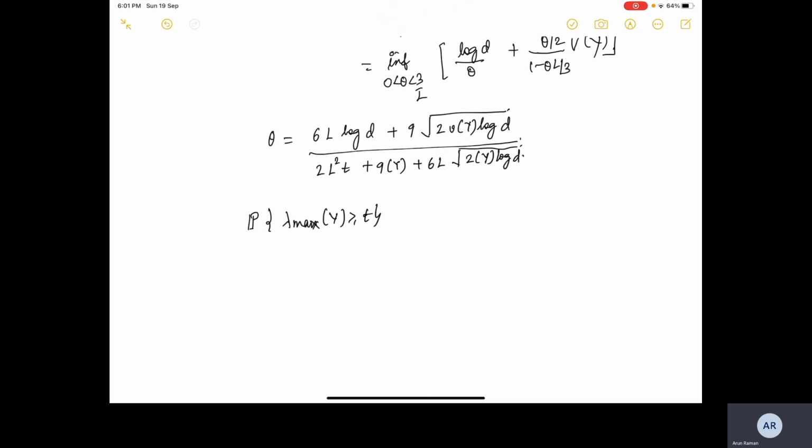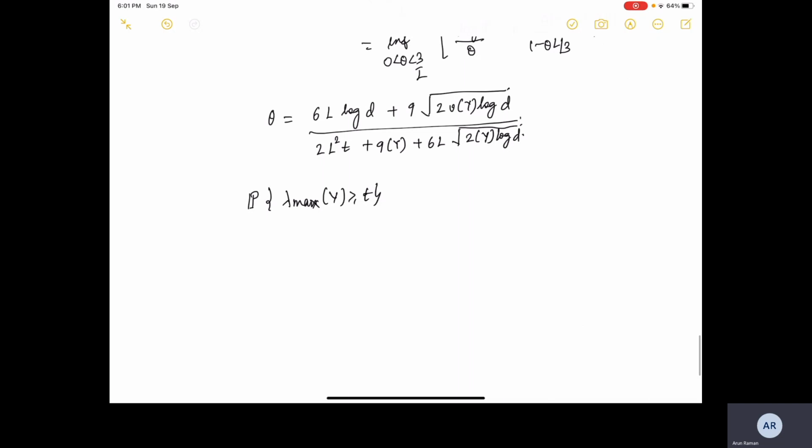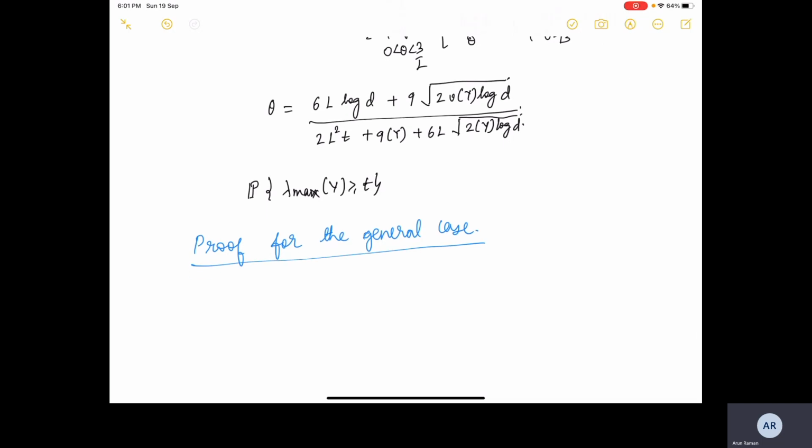So, in the last part of today's lecture, what we will be discussing is the proof for the general case. Because till now we have only been talking about Hermitian matrices.